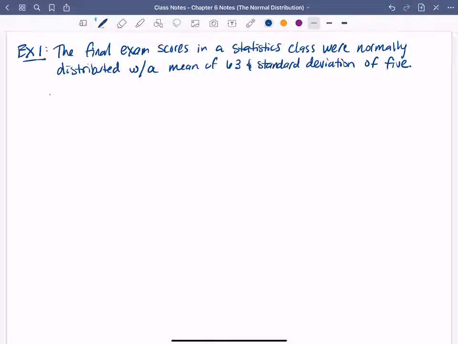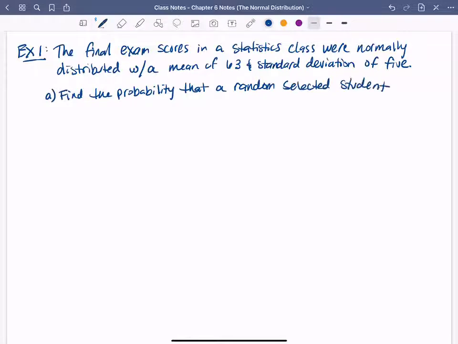So here's part A. Part A says find the probability that a randomly selected student scored more than a 65 on the exam.